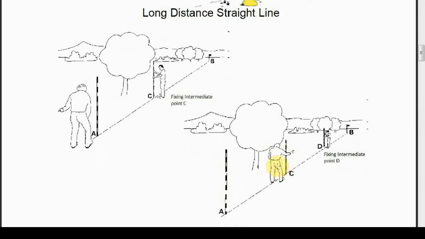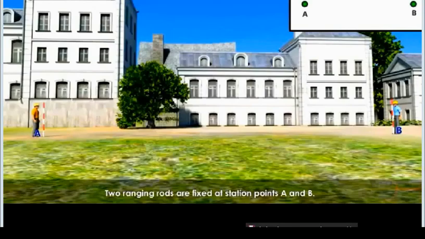Next, the person from A will move to the next point C, and the person from C will move to the next point D. So now the surveyor standing at C will instruct the person standing at D to place his ranging rod such that the ranging rods at C, D and B are in one single straight line. So that's how A, B, C, D are in a single straight line.